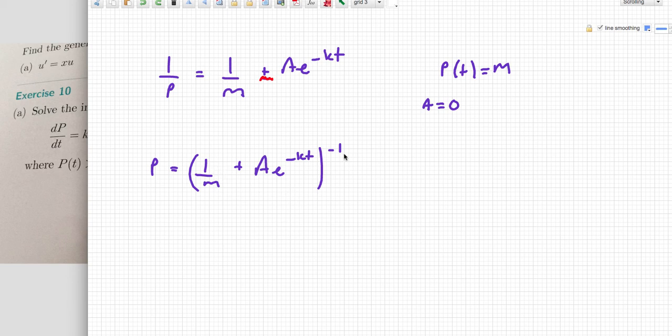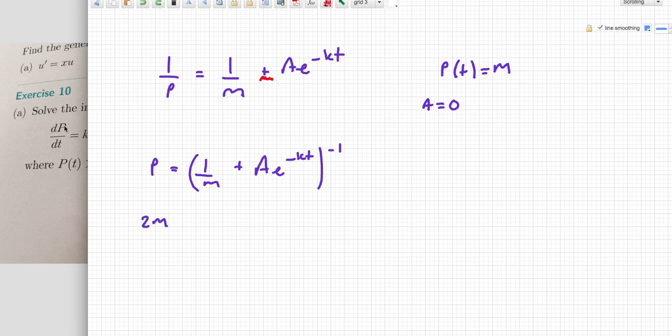Because there's an extra bit here, the only way it could happen is if a is 0, then that gets cancelled out. But there's no reason to think that a is 0, unless we've got a reason to think that, which we don't, so we can't just take it to be that. So we continue on.